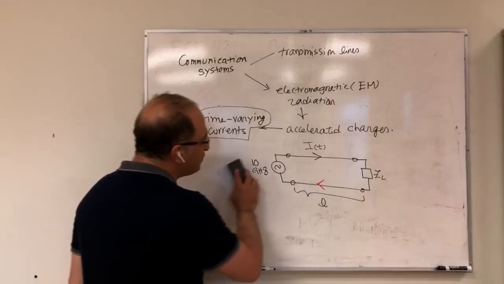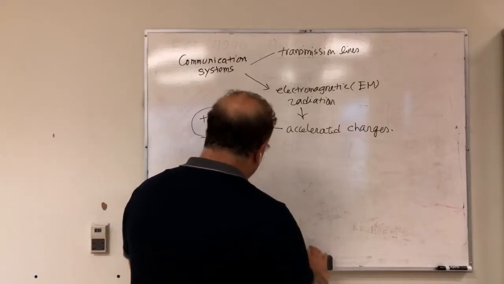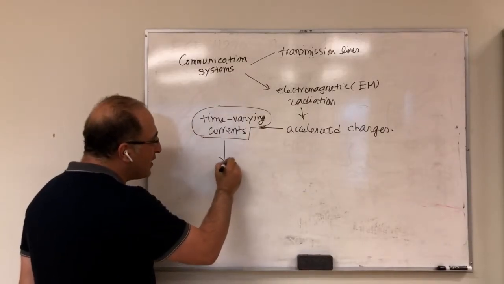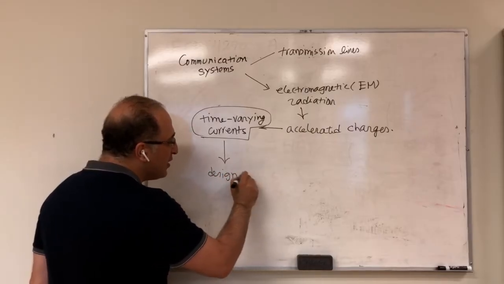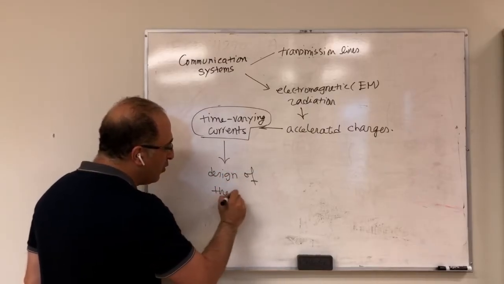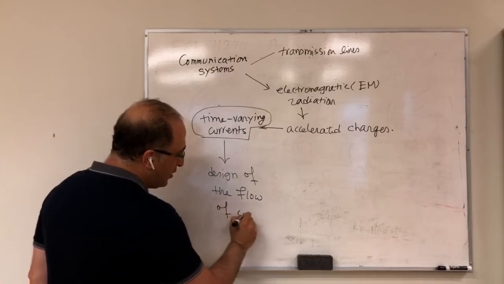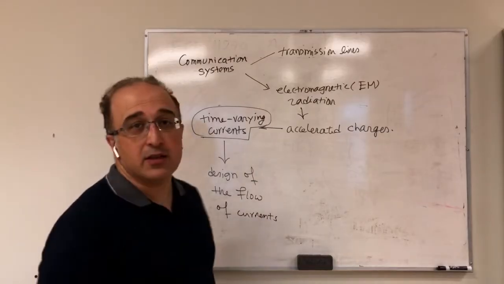If I want to mention something quickly here, the design of an antenna is essentially the design of the flow of currents in a way that gives you your desired radiation.